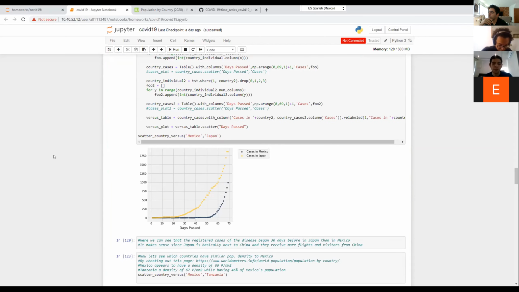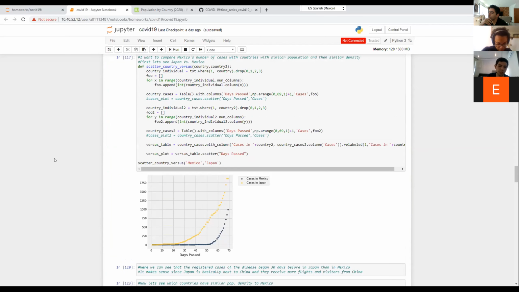So here I'm comparing cases in Mexico against cases in Japan, confirmed cases only. I wanted to see how similar or different it is, comparing Mexico with countries with similar population quantities.